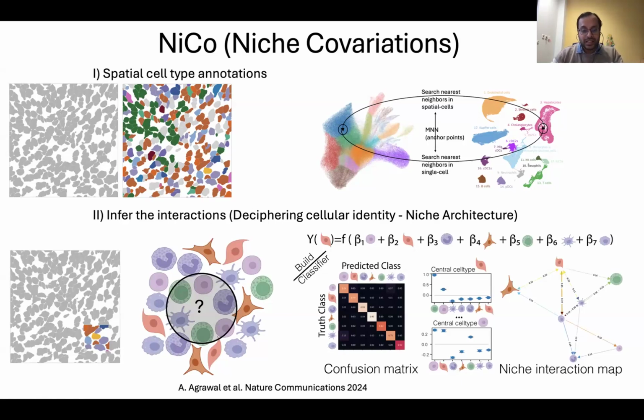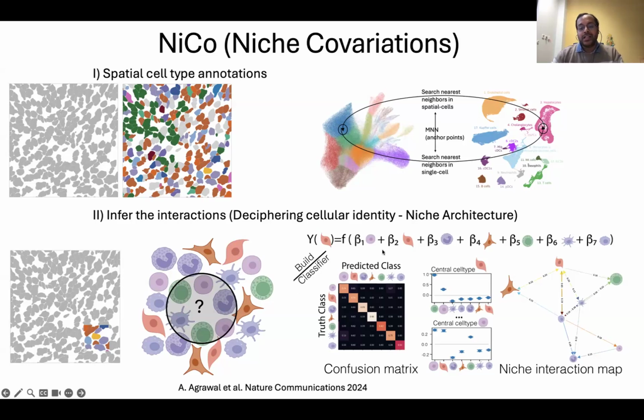In the second module, we ask how the neighborhood can predict the identity of my central cell. If I have all the cells in this tissue, can the neighborhood predict the identity of this central cell? For this, I compute the neighborhood for every cell, take all the cell types in the neighborhood, and put them into a classifier.